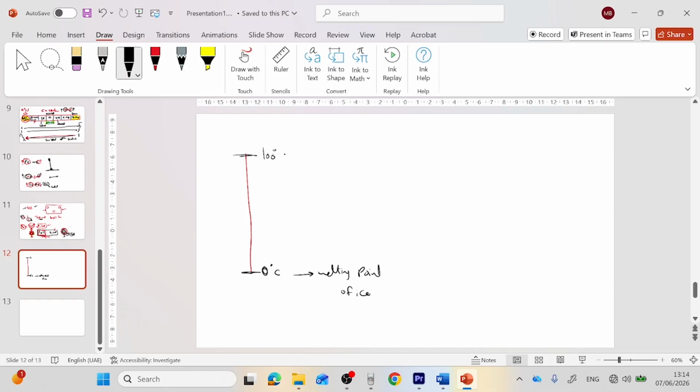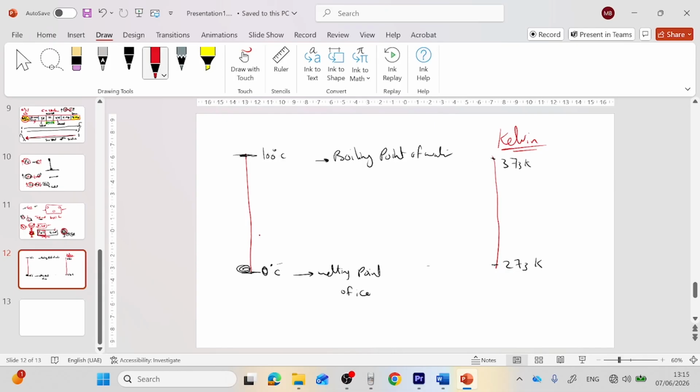And 100 degrees Celsius is called the boiling point of water. But we have another scale, called the Kelvin scale, in which the melting point of ice is equivalent to 273 Kelvin, and the boiling point of water is equivalent to 373 Kelvin.